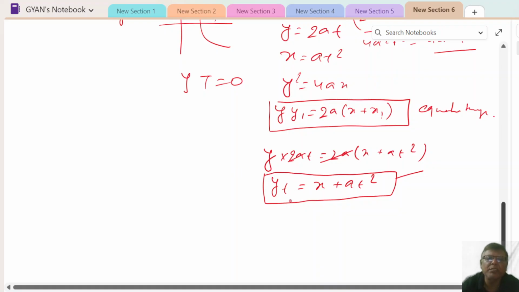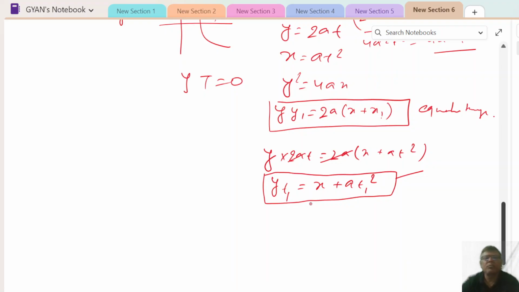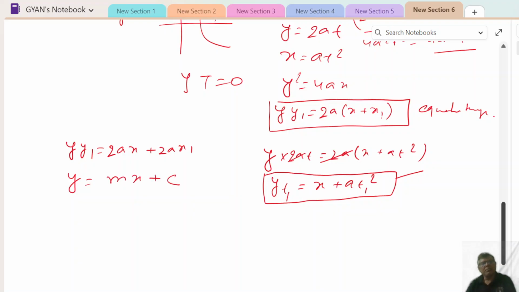So suppose the point is t1, then this is t1. So for any point on the parabola you can find the equation of the tangent. Now the equation of the tangent is y y1 is equal to 2a x plus 2a x1, and we know y is equal to mx plus c, the general equation. So we compare it here.